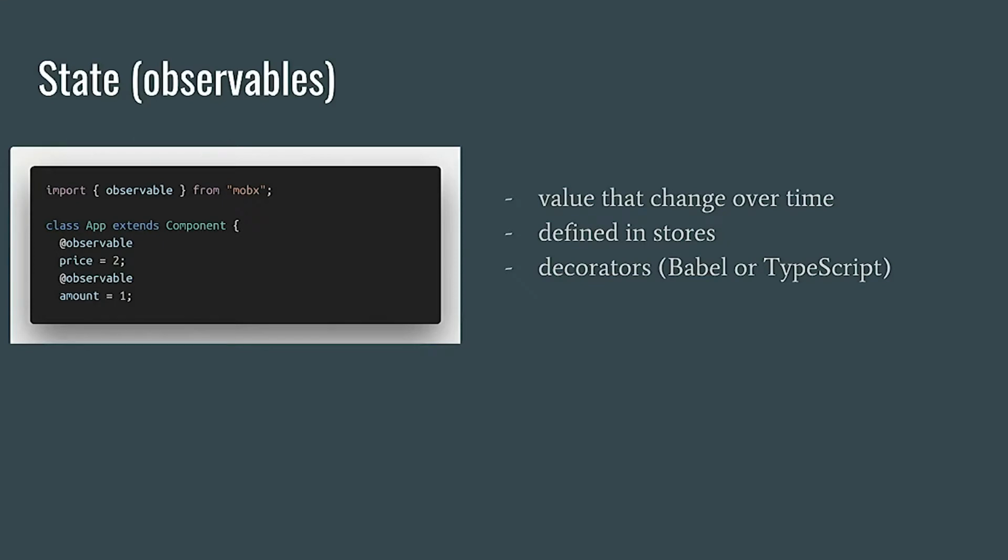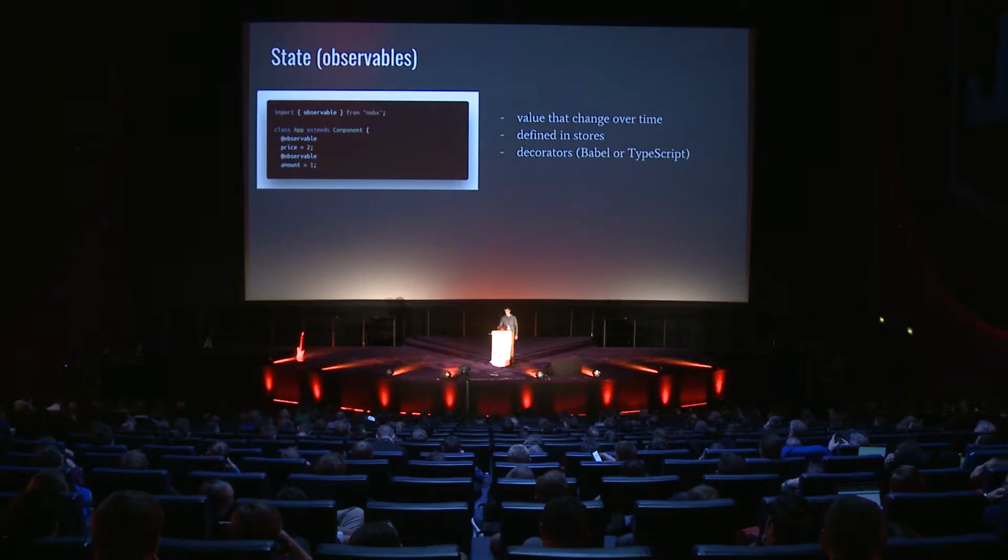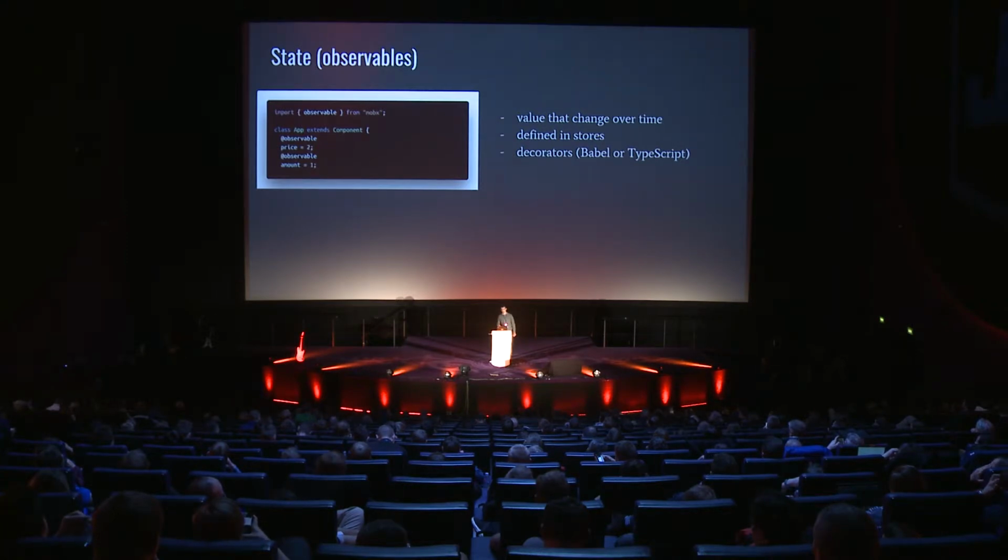For example, on the left side, we have a React component which consists of two observables, price and amount. And we are just decorating those with the @observable decorator. As you can see, we are using decorators, and the code becomes more readable, more declarative, and we can use either Babel or the TypeScript compiler to convert those decorators.